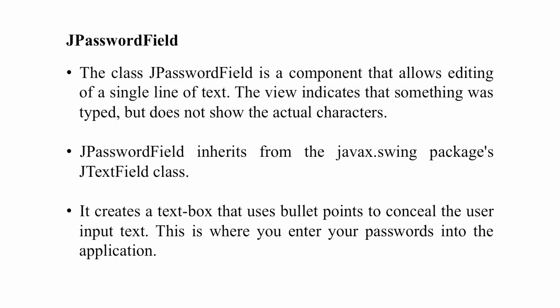We will have solid circles, but we won't be able to see what the actual characters are. This JPasswordField inherits from the Java Swing JTextField class. It creates a text box with bullet points to conceal, to hide the input text. Whatever we input will be stored as a password, but we won't be able to see the actual characters.